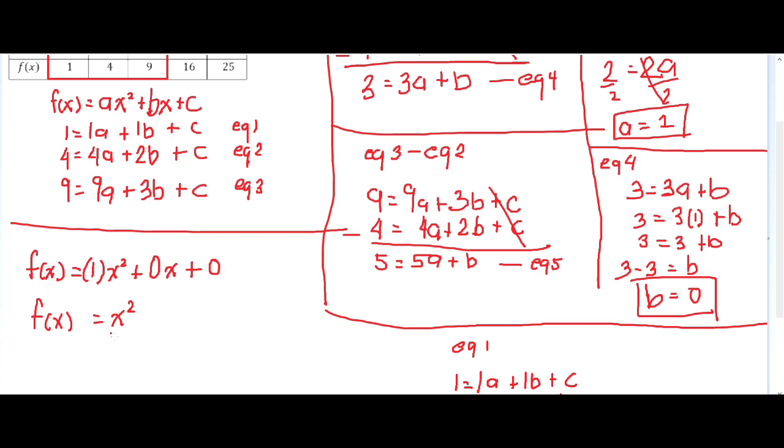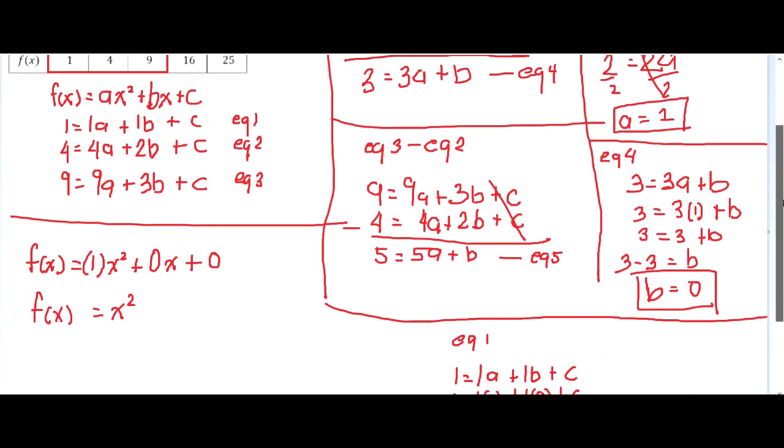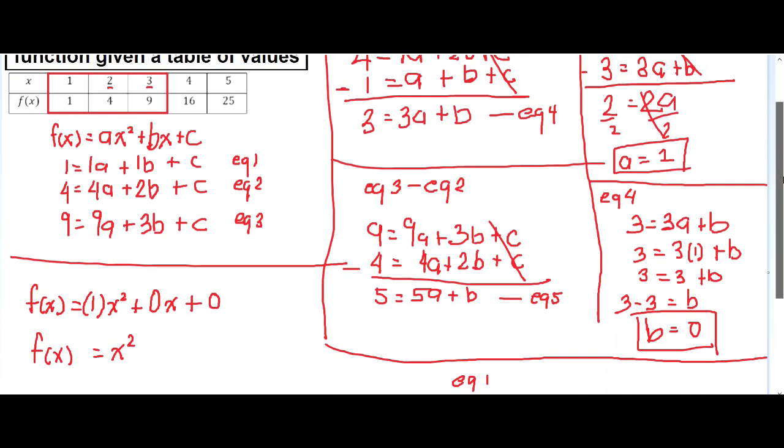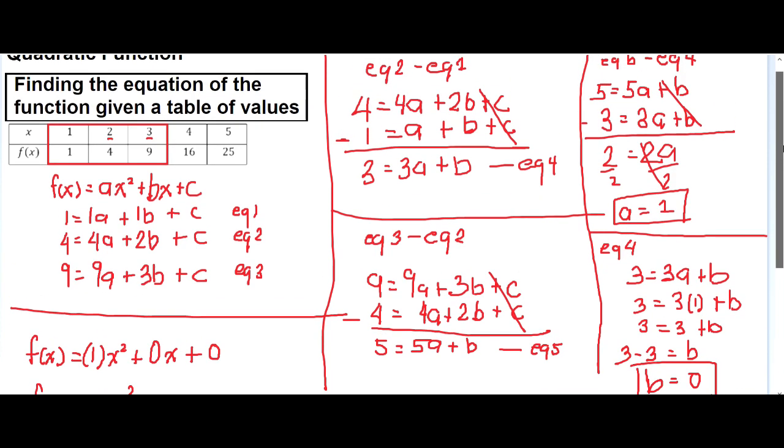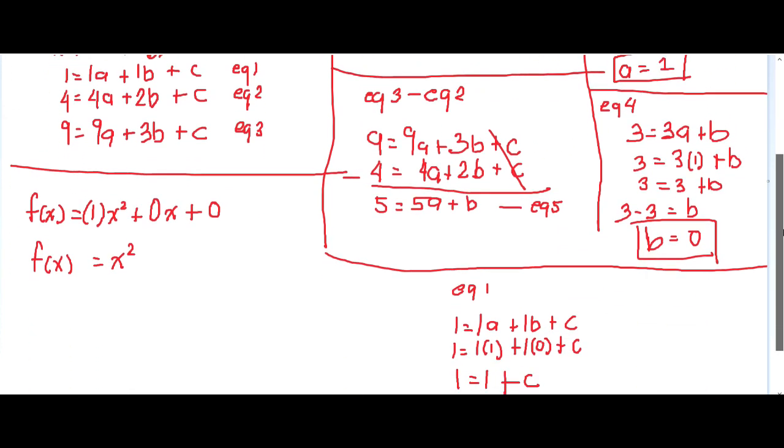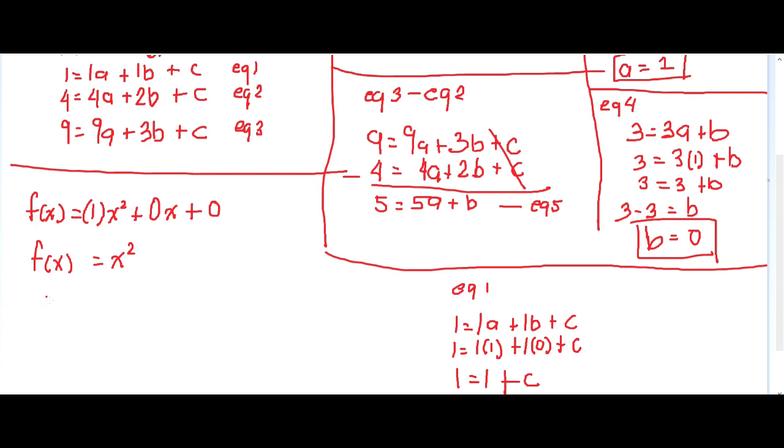Ang ibig sabihin ng x squared, ang katabi niyang number is 1. Now, yun lang. If you got all the values of A, B, and C, you just substitute it to your standard form para makuha mo ang equation ng quadratic function. So, ito yung function, ano equation, you have y is equal to x squared. Or kahit ano sa dyan sa dalawa, that will be correct.